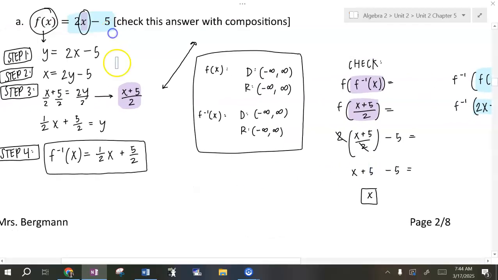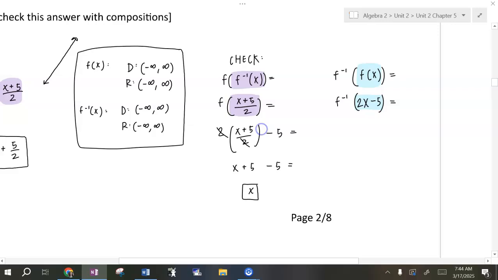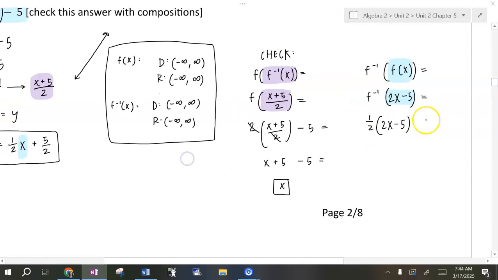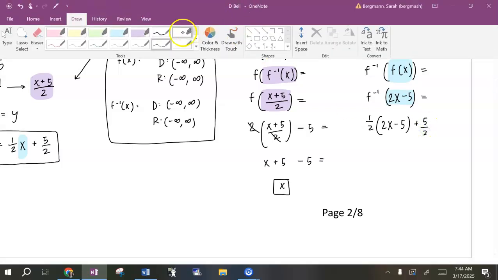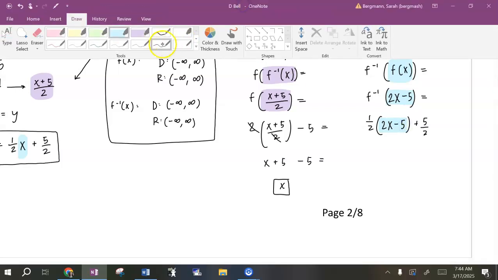So it's kind of up to you what function form you want to use. Do you want to use the x plus 5 over 2, or do you want to use the fraction form? Let's just go ahead and use the fraction form here, my slope-intercept form. It's 1/2 times x, so 1/2 times 2x minus 5 plus 5 over 2.